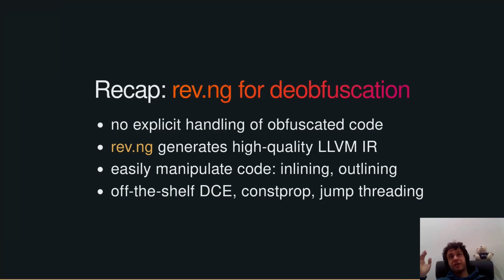And wherever it can't overcome them, it spits out LLVM-IR that you can use as input. And LLVM comes with a huge toolbox of cool analysis and transformations that you can do. Like code inlining, outlining, we have seen code elimination, constant propagation, we have seen jump threading. I mean, there are many more of them that can be repurposed for deobfuscation.